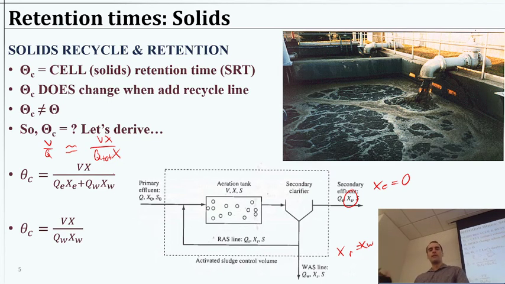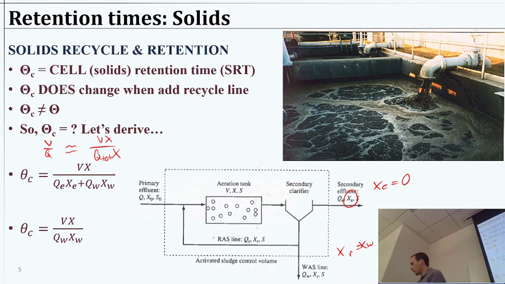So we see Vx divided by QE times XE and QW times XW. Well, we said QE is 0, so that means our theta C is going to simplify to Vx divided by QW XW.